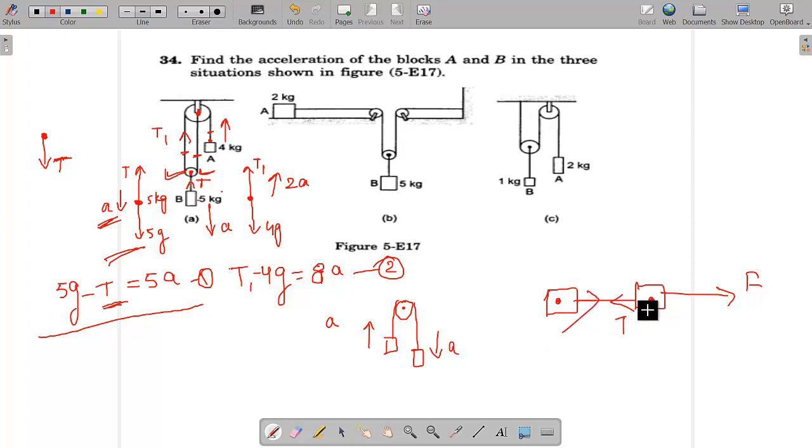This is the same string, and the same tension will be acting in the opposite direction. How? You can think: what is pulling this block? The string is pulling, that's what the tension is. What is stopping this block? The string is stopping it. That's why the tension is in the backward direction. So you can think that the tension will always be in the opposite direction, away from the body.